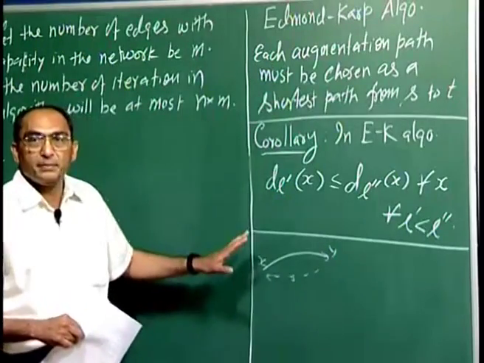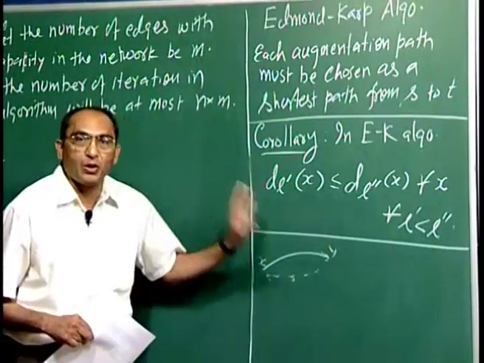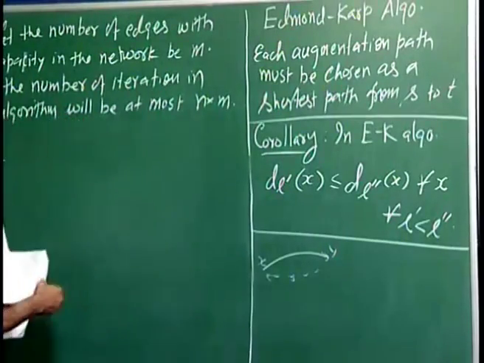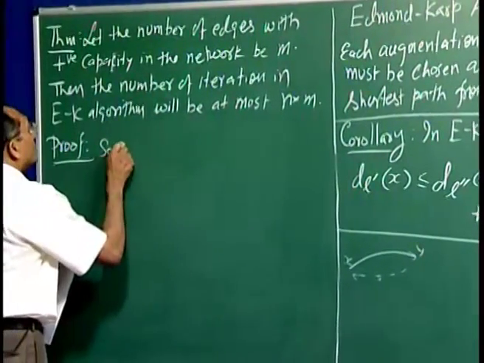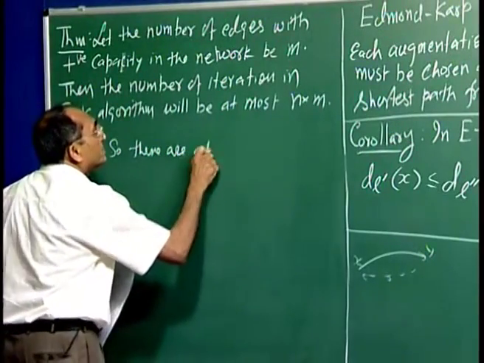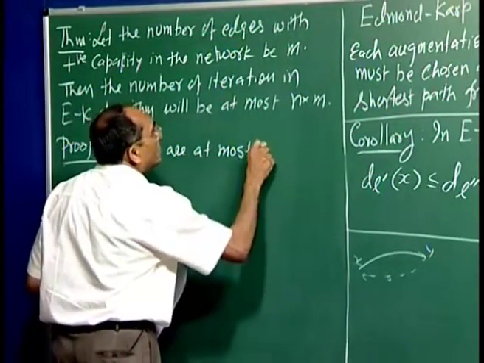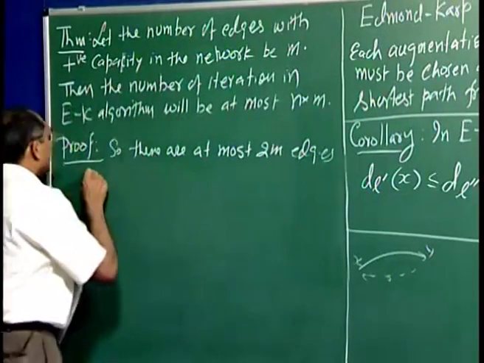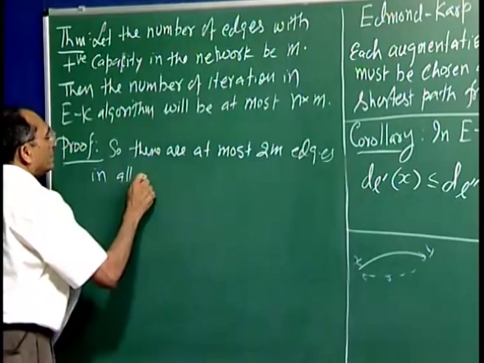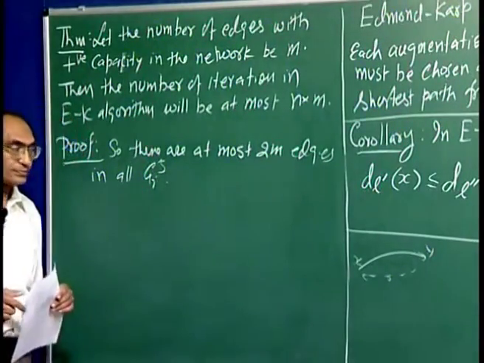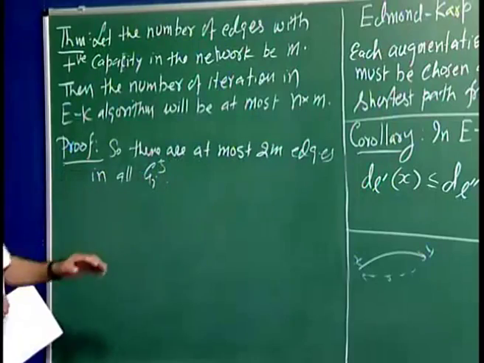So, the total number of distinct edges that can show up in various residual graphs can be at most 2m. So, there are at most 2m edges in all GIs. These are the only edges that can show up.